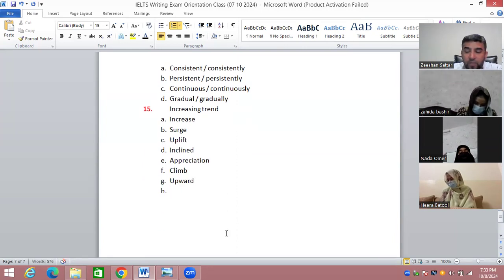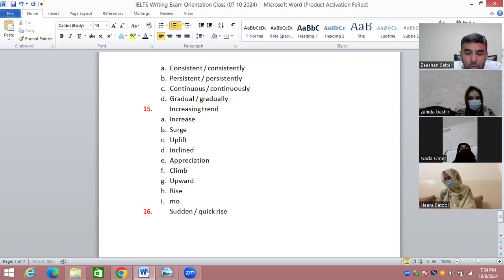So now, if there is a sudden or quick rise, we can use the words up, upward, rise, and mount. If there's a quick rise, we will use the word quick or quickly.